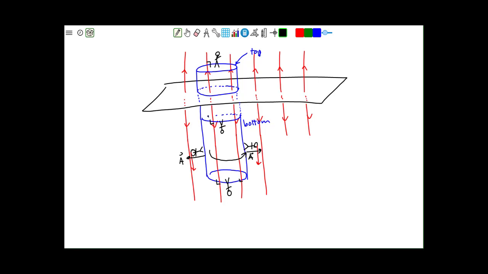Now, I mentioned that I took a cylindrical box here because that's what I'll often do when I'm problem solving, because I'm dealing with three surfaces that actually make up my one Gaussian cylindrical box.